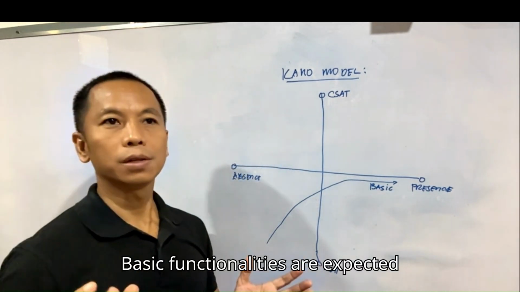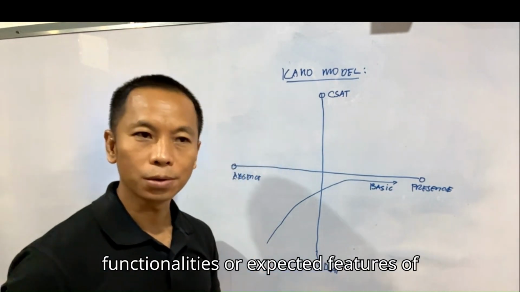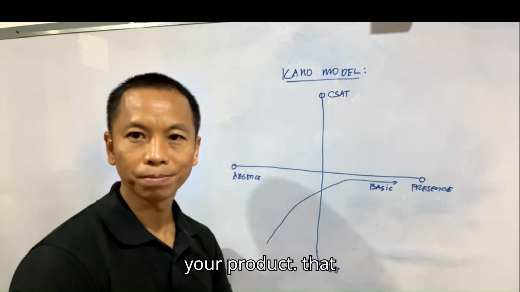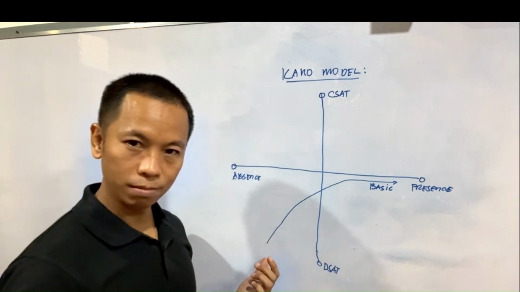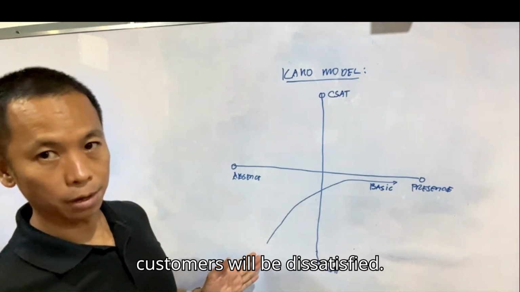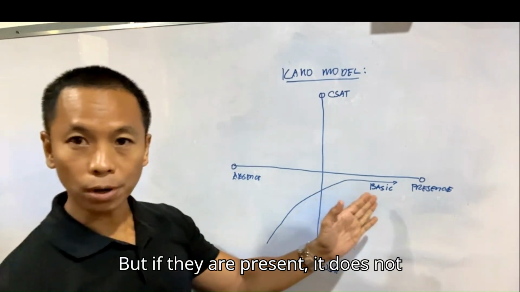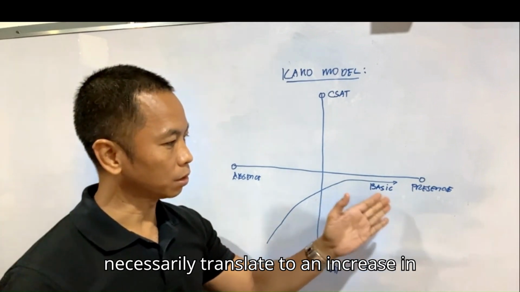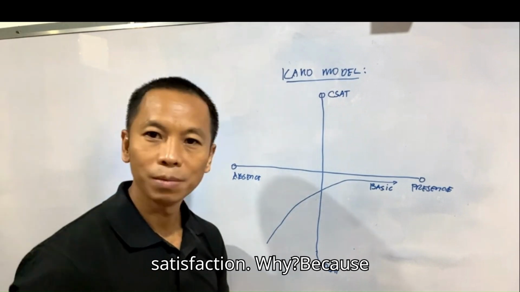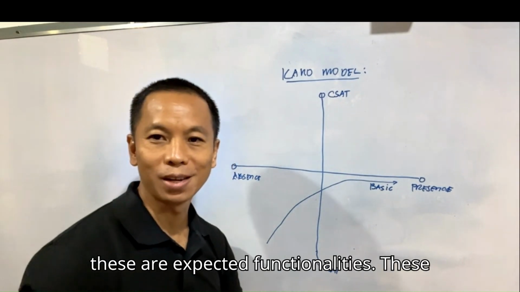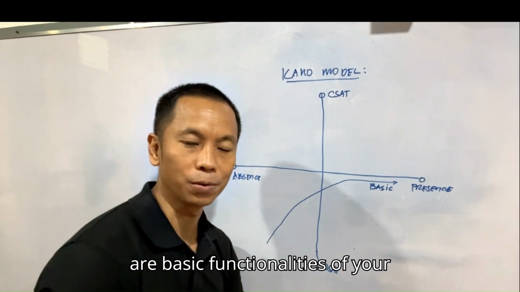Basic functionalities are expected features of your product that if they are not present, customers will be dissatisfied. But if they are present, it does not necessarily translate to an increase in satisfaction. Why? Because these are expected functionalities. These are basic functionalities of your product.